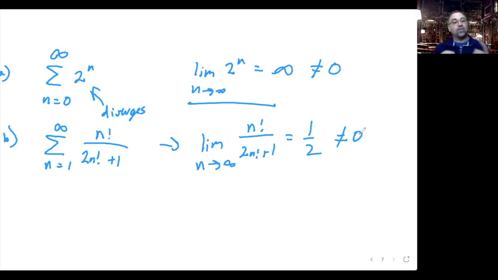And therefore, our series diverges. And in both these cases, the reason is by the nth term test.